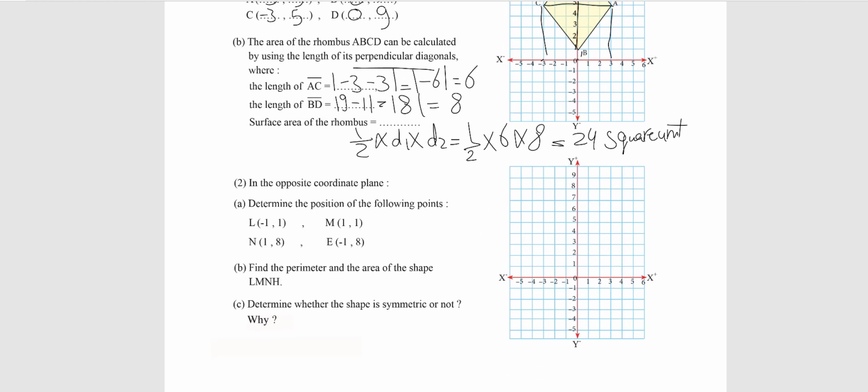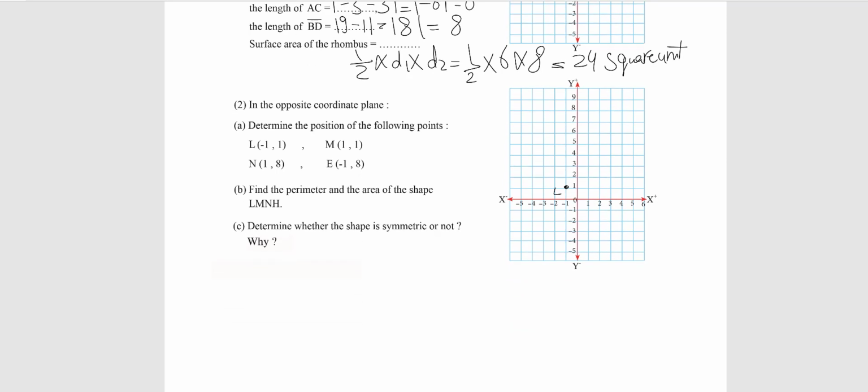Exercise number 2. In the opposite coordinate plane, determine the points in its position. The first point L is negative 1 and 1. This is the point L. The point M equals 1 and 1, so we move here 1 and up 1.